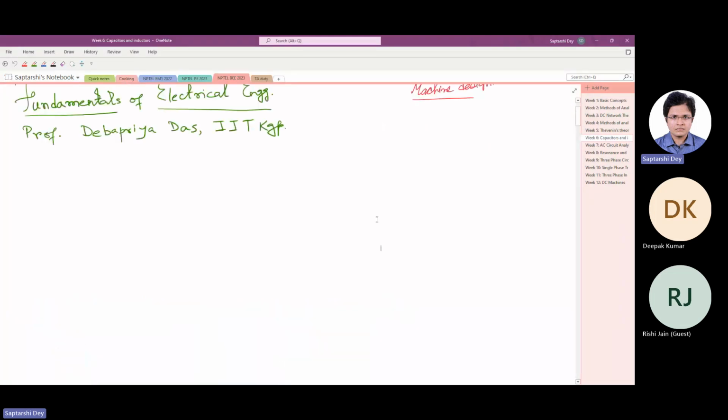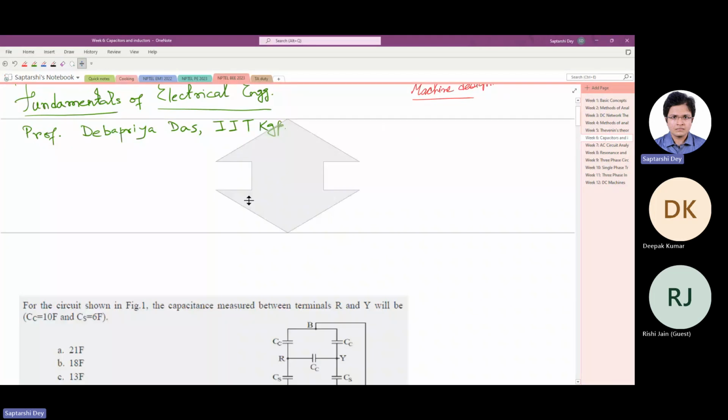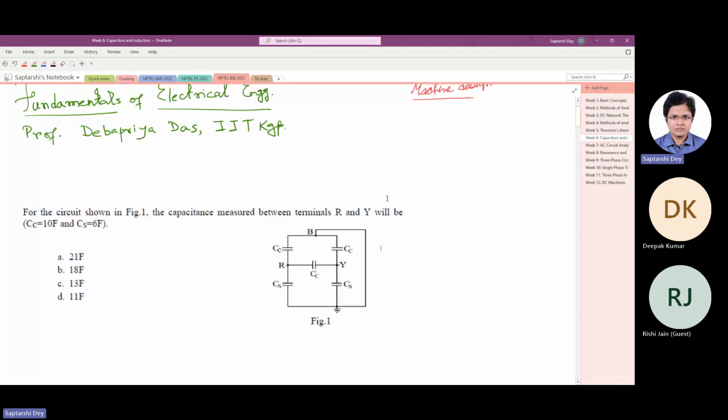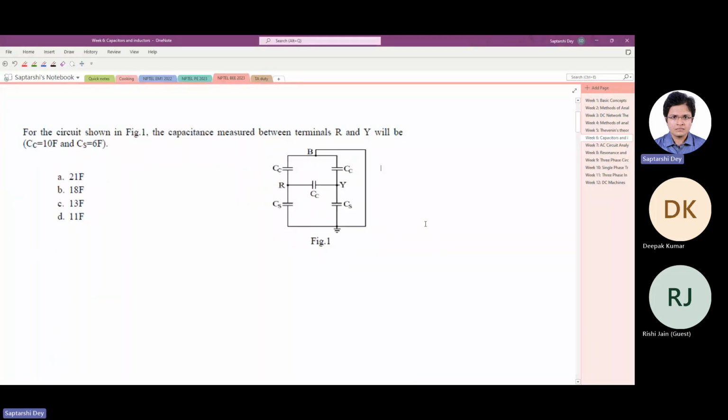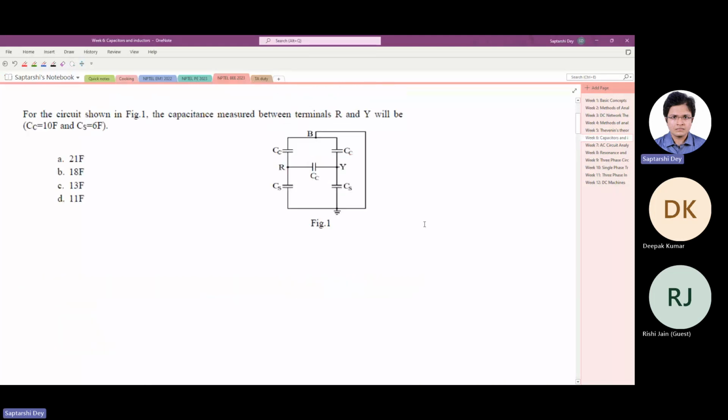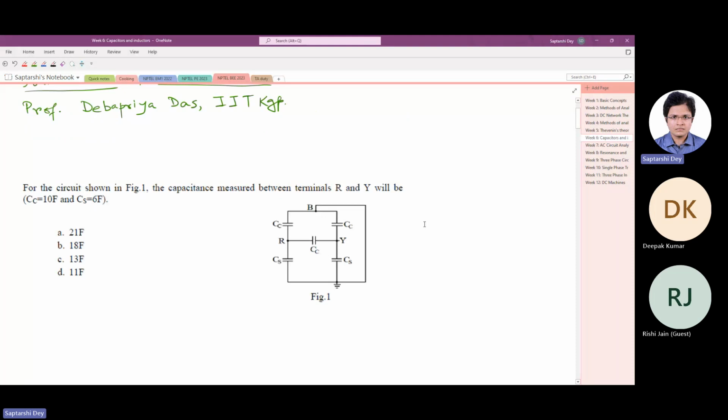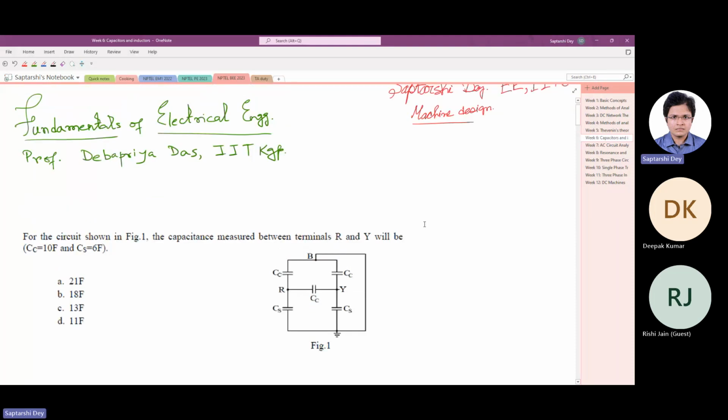This week is mostly about capacitors. Very few questions on inductors. Inductors and capacitors are two such components of an electrical circuit where there is ideally no loss. There is one more component that has ideally no loss, which is a switch.